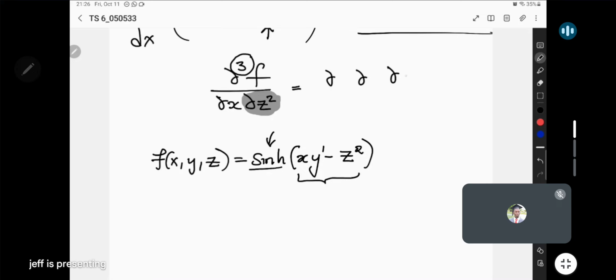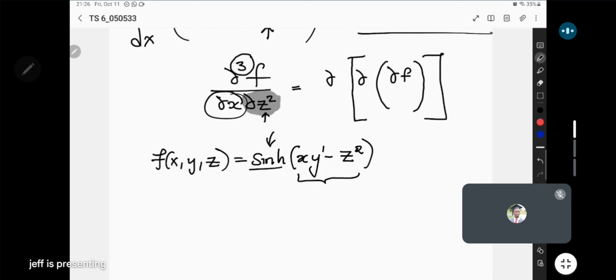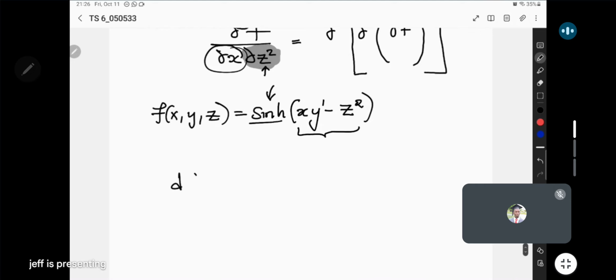So the first one, the partial derivative of f, and then this first one was differentiated again. And then finally, the third derivative there. So the first one, what do I see? Z occurs twice. I can see x was the last one, but I should have 3 more there.